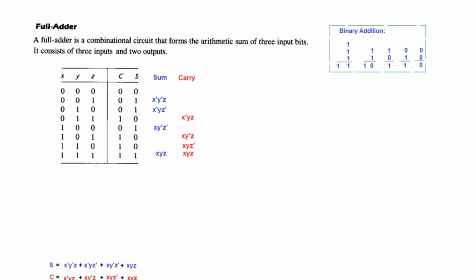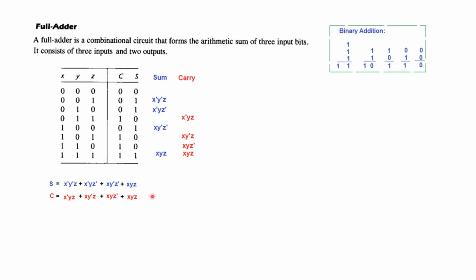And now we need to formalize this. So all are added with a plus sign, or that is OR sign. So for sum we can write S is equal to all these ORed together, and similarly for carry all these ORed together.